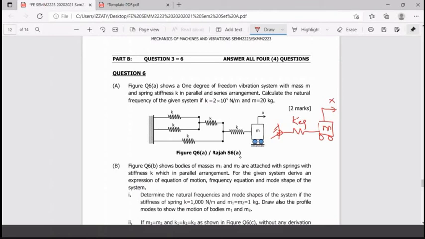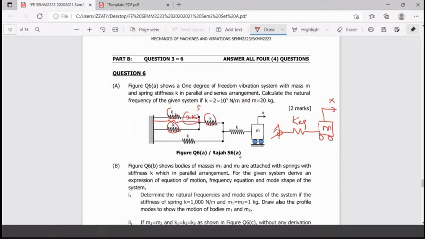So this is the simplest one. First look at these two. This one becomes 2K. You have one spring, this one 2K. 2K and K, isn't it? This one is in parallel, this one in series. So you start doing another one. You don't add up together as the normal addition.